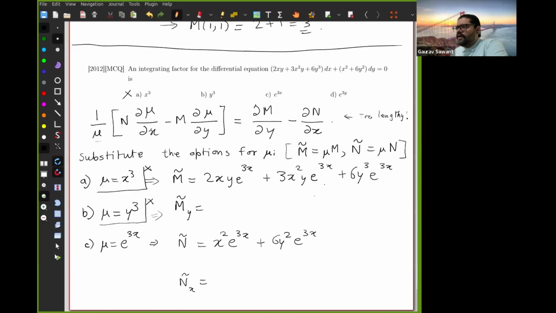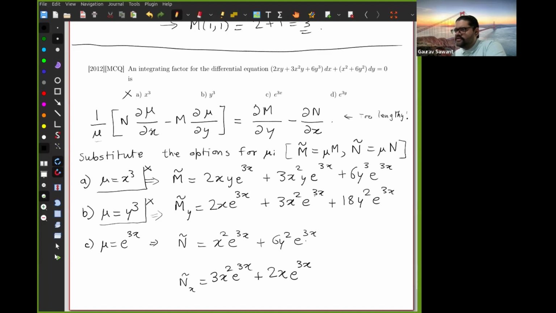So let's look at the y derivatives. Here the exponential has nothing to do with y, so I'm going to simply get 2x e power 3x plus 3x square e power 3x plus 18y square e power 3x. On this side, I am taking N sub x. I get 3x square e power 3x plus 2x e power 3x.